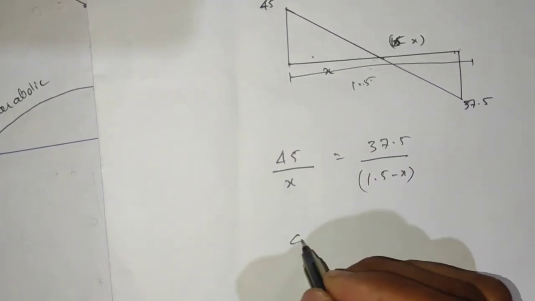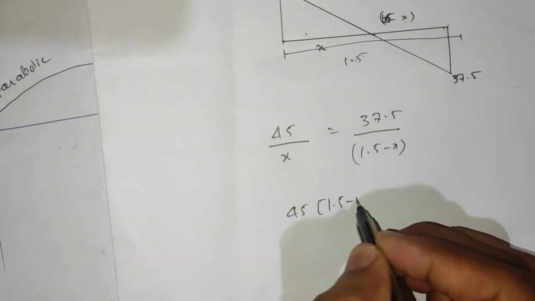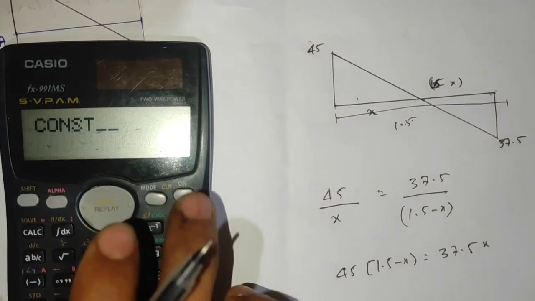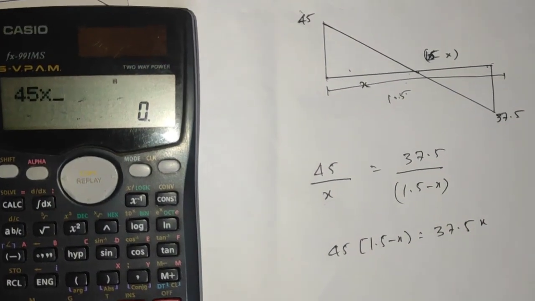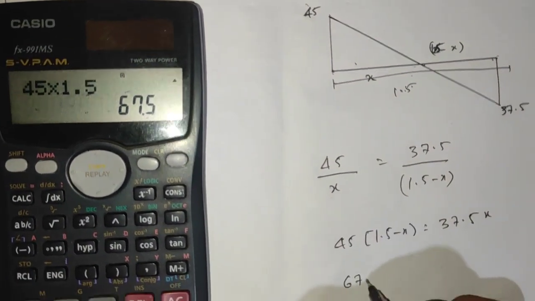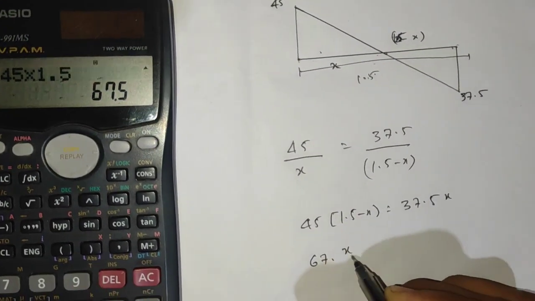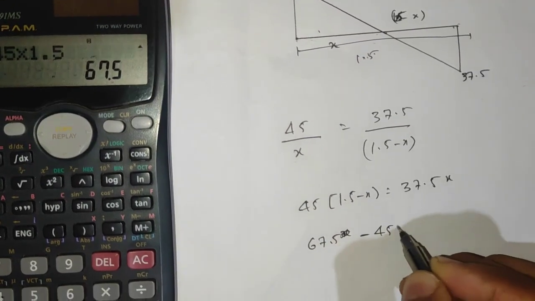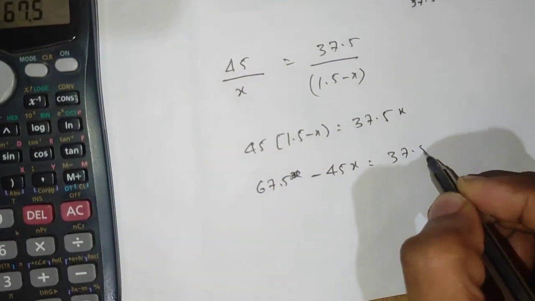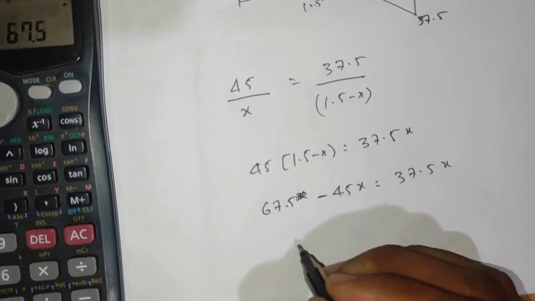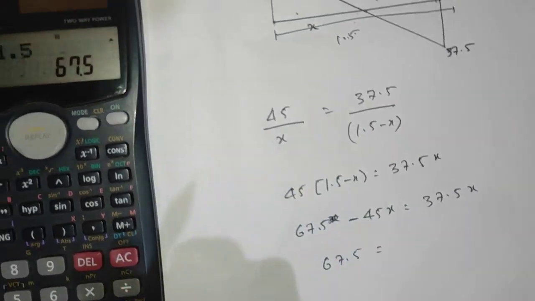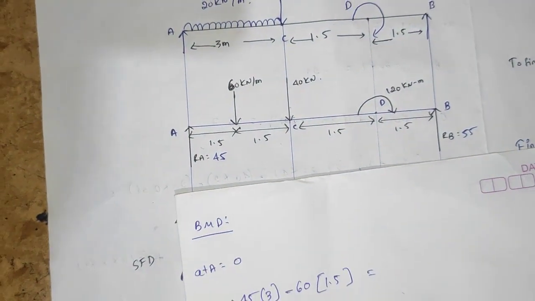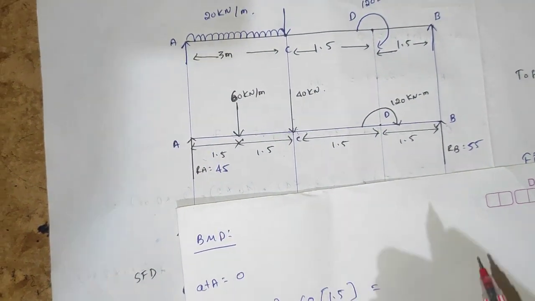Cross multiplication: 45 into 1.5 minus x is equal to 37.5x. 45 into 1.5, that we get 67.5 minus 45x is equal to 37.5x. Moving it to this side it becomes plus. 67.5 is equal to... this 40 is acting at distance 0, therefore we don't need to write that one.